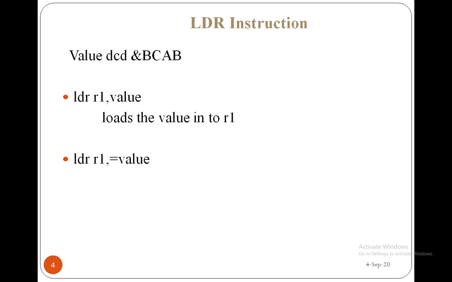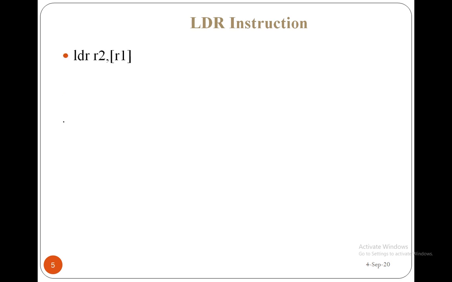This is the important difference: =VALUE loads the address of the value, whereas plain VALUE loads the value directly into the R1 register. So next, LDR R2, [R1].